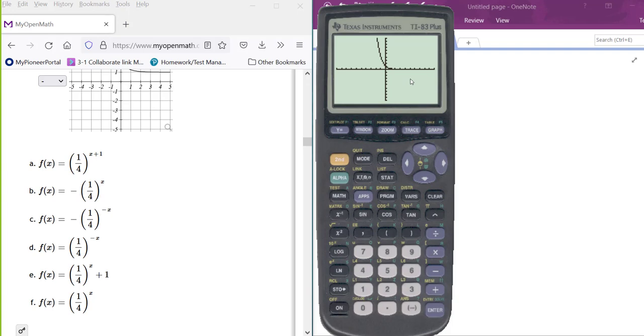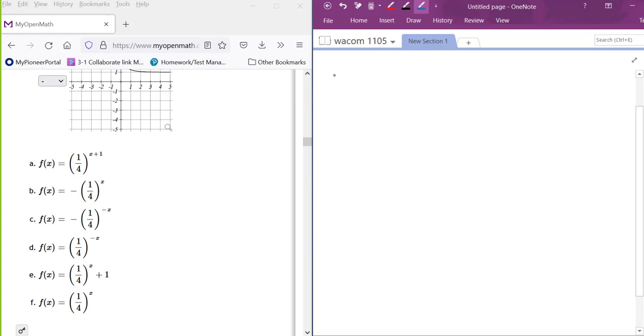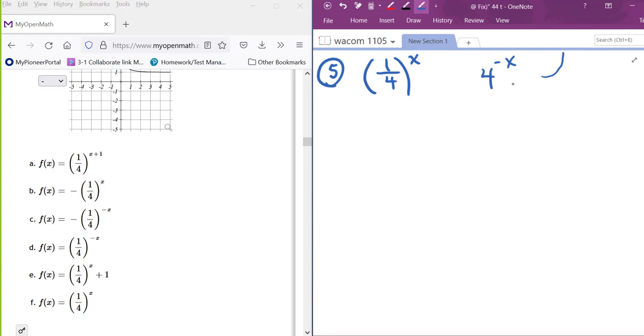And just with the algebra, let's see if I can write a little bit here, and I'll pull the calculator back up. So this is on question 5. We're looking at the parent function. Right, this, remember, is the same as 4 to the negative x. And so this you could think of as our exponential function that looks like this.